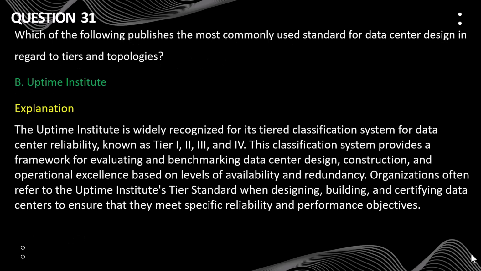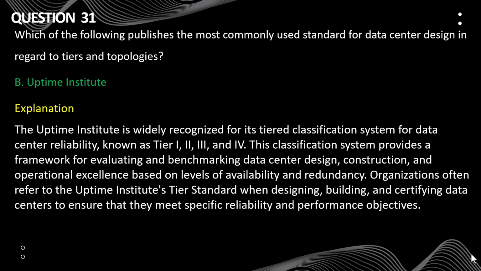The Uptime Institute is recognized for its tiered classification system known as Tier 1, 2, 3, and 4. This classification system provides a framework that is used for evaluating and benchmarking data center designs, constructions, and operational excellence based on the level of availability and redundancy.